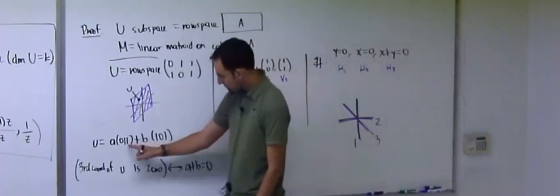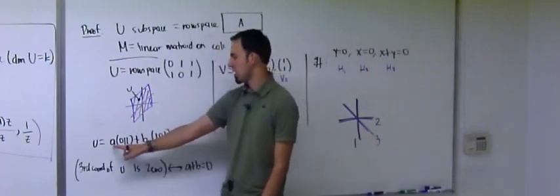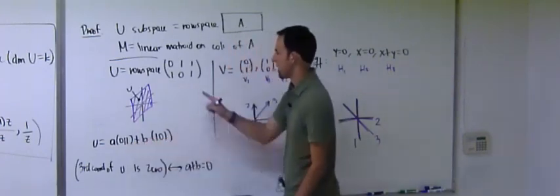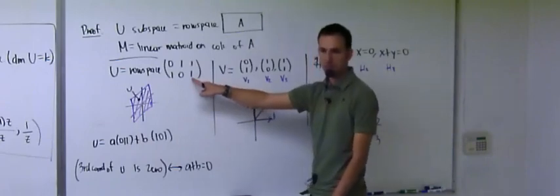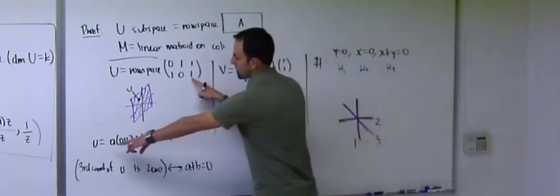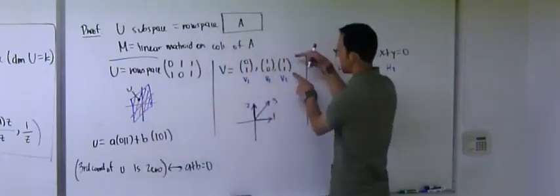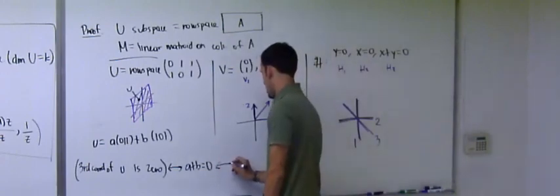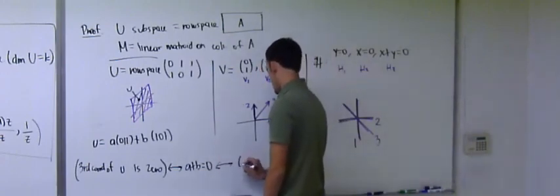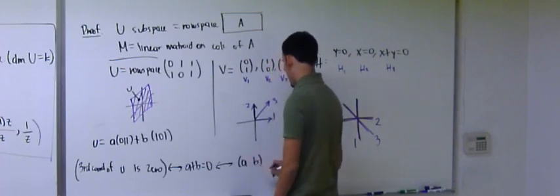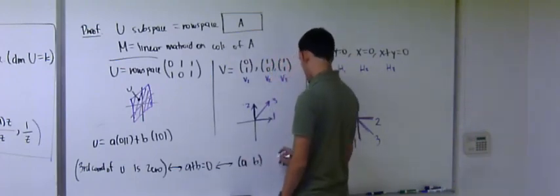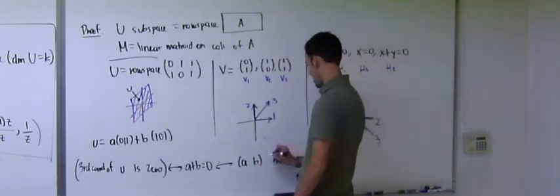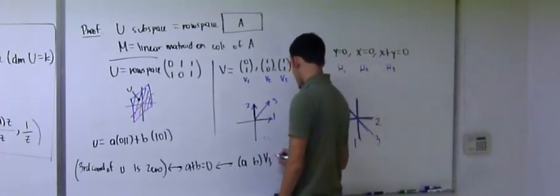But what are we doing here? This a plus b equals 0 is saying a times 1 plus b times 1, where this one and this one are exactly this one and this one. So really what we're saying is that the dot product of AB and 1, 1 is 0. So what we're saying is that if you take AB times 1, 1, which is V3, it is 0.